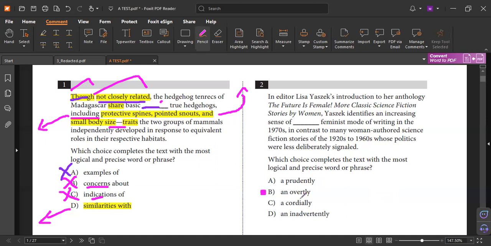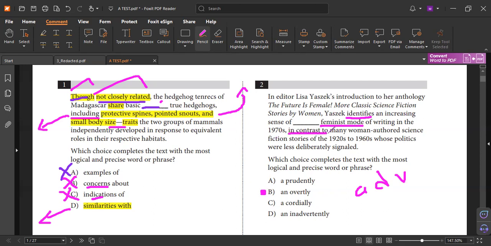Number one, what kind of word? It's an adverb. So what does the adverb describe? It describes this kind of word, because it's an adjective. Now let's see. In the editor's introduction to her anthology, the name, more, and so on, identifies an increase in what? In sense of writing in the 1970s.